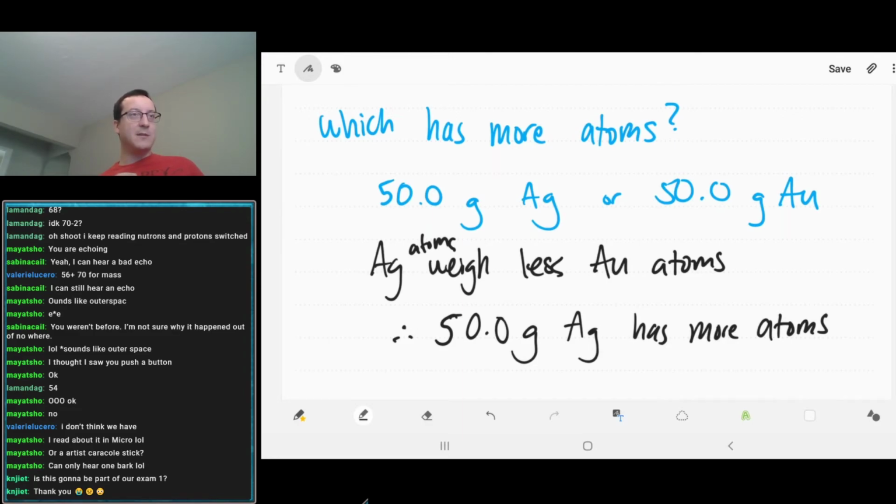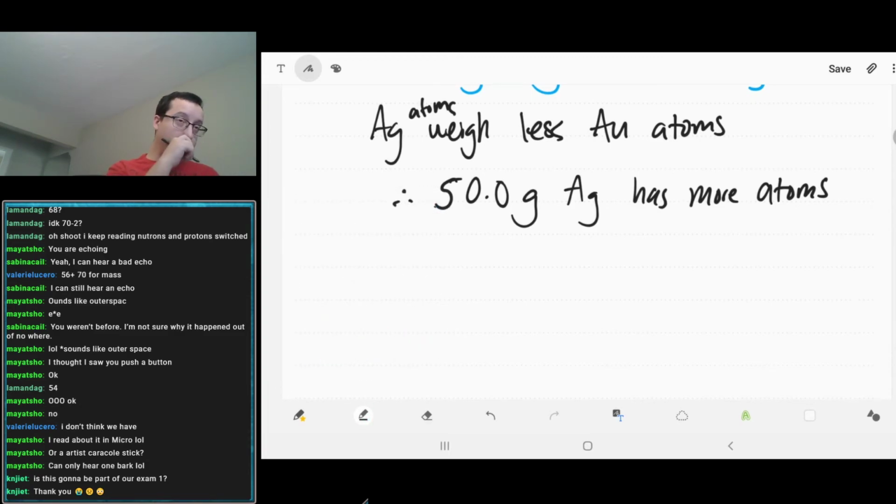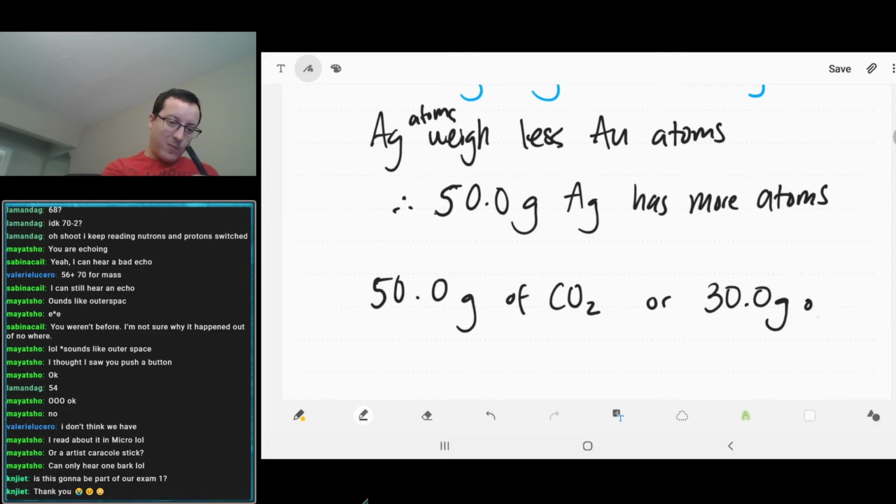Alrighty. So we do some more number crunching. Let's do another example. Looking at this one will not be as obvious to us.